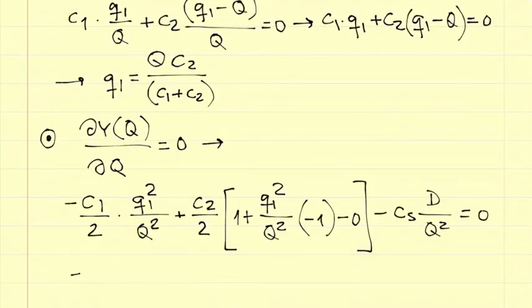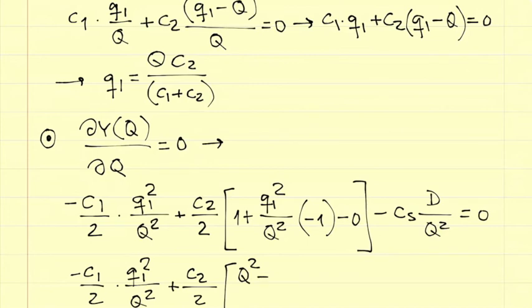This is minus C1 divided by 2 times Q1 square divided by Q square plus C2 divided by 2 times Q square minus Q1 square divided by Q square minus CS D divided by Q square equals 0.